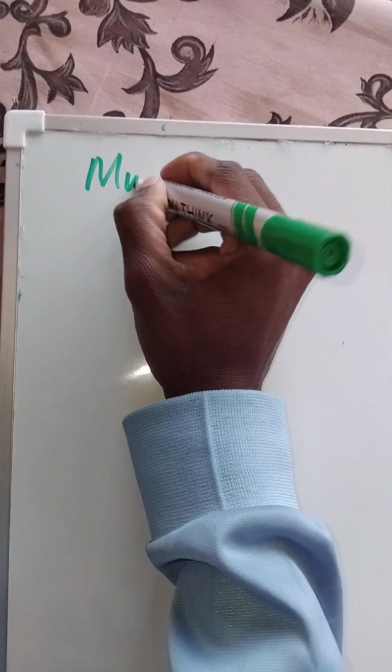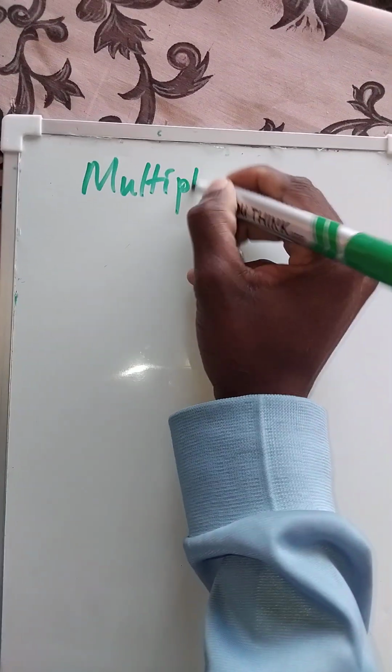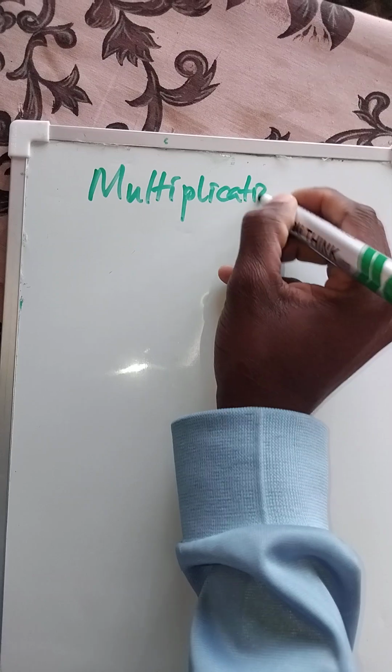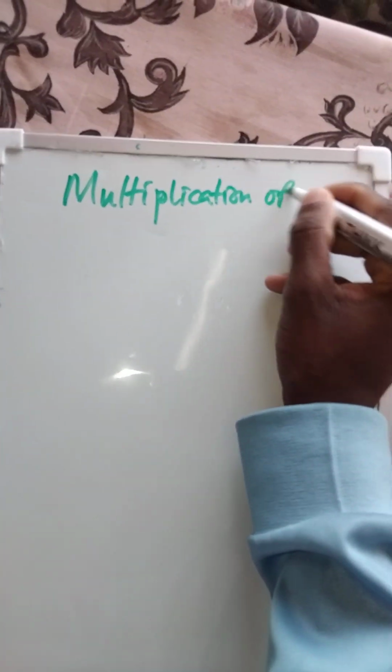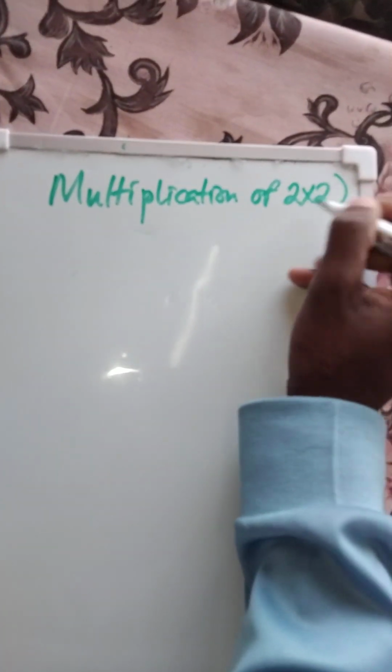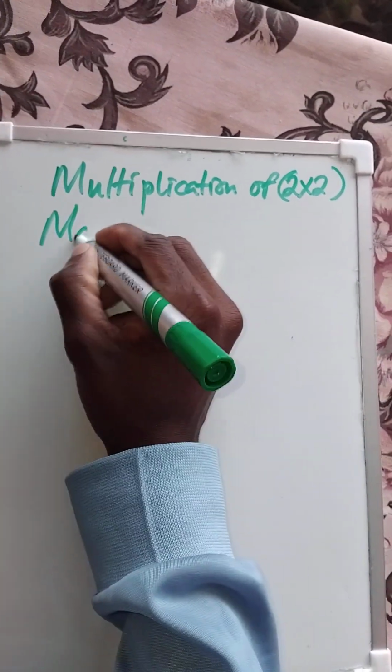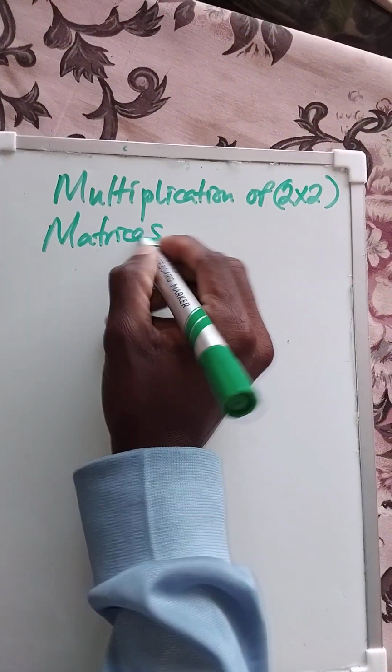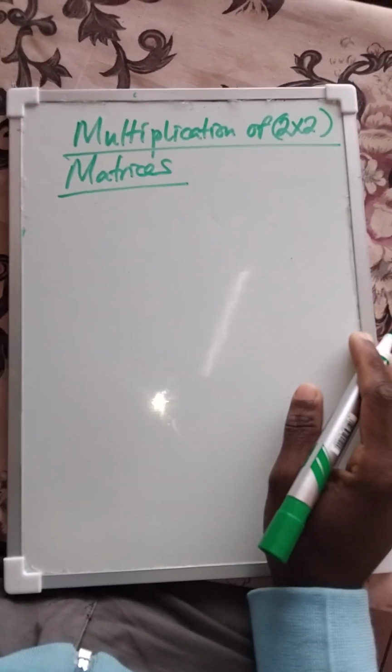Right, now multiplication of 2 by 2 matrices. For multiplication of 2 by 2 matrices, we use row by column.